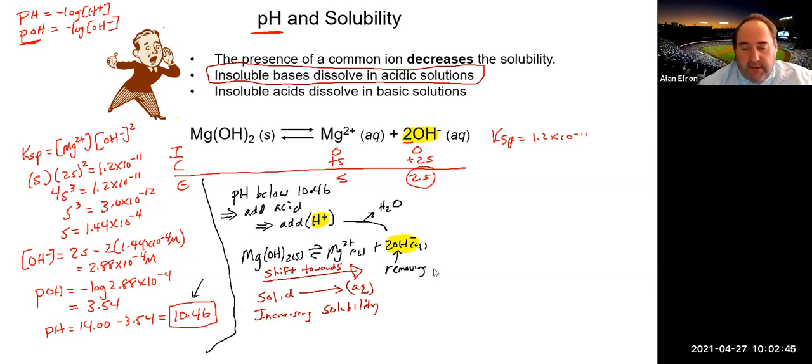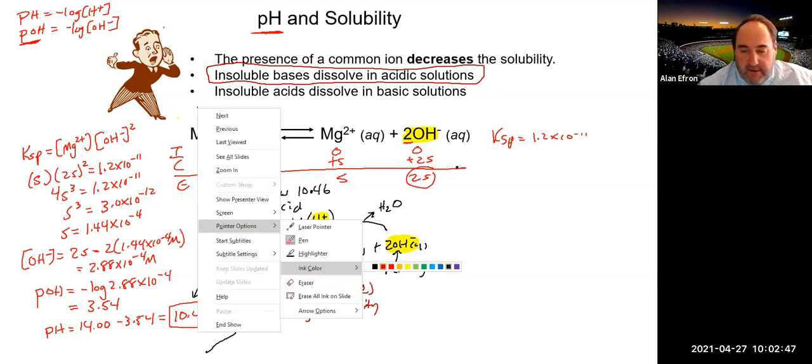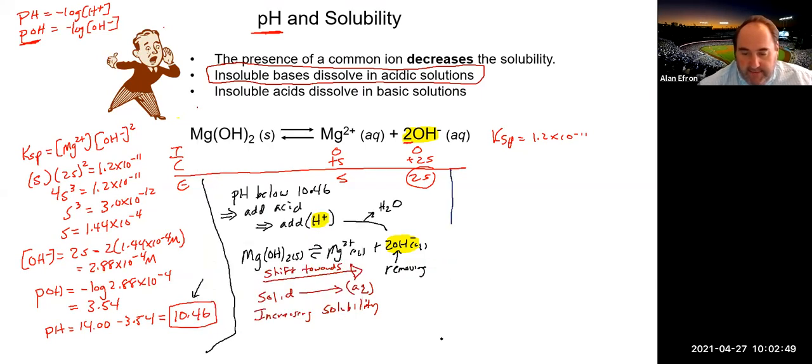So obviously, let's talk about the opposite approach here. What happens if we take the pH above 10.46? Again, in order to increase the pH, we need to add base.